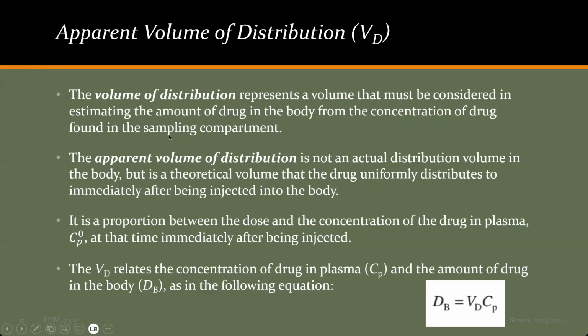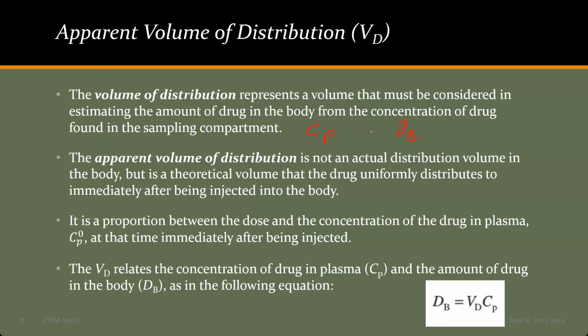Say, for example, the sampling compartment is the plasma. So you have the concentration of drug in the plasma, Cp, okay? The volume that can give you the concentration of drug in the plasma to be calculated from the amount of drug in the body, we call it the volume or apparent volume of distribution.